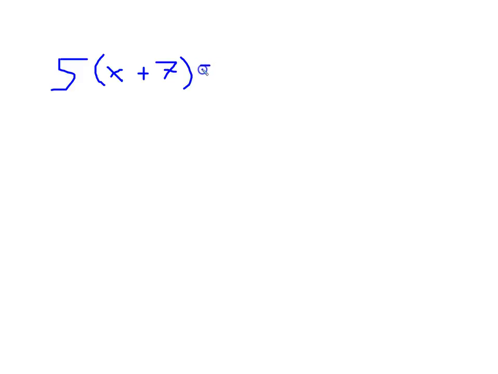So get rid of the parentheses. So we're going to multiply the 5 times the x, the 5 times the 7. So 5x plus 35. Sorry, it's horrible, 35.